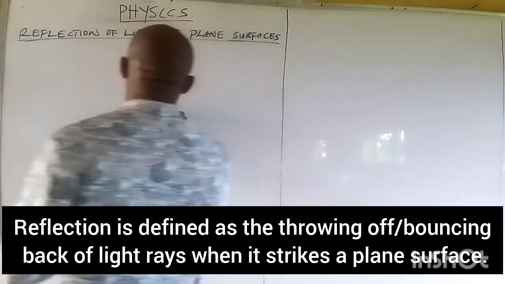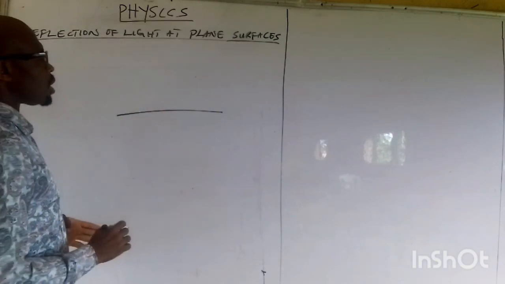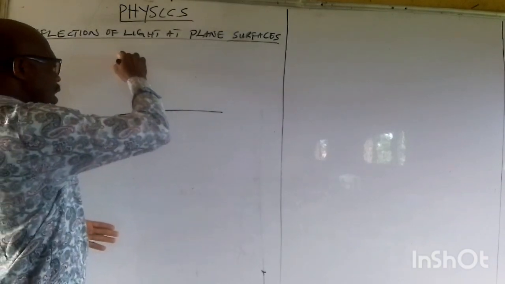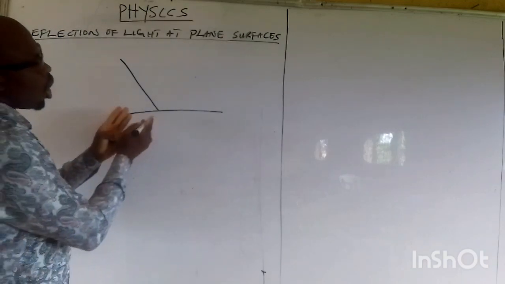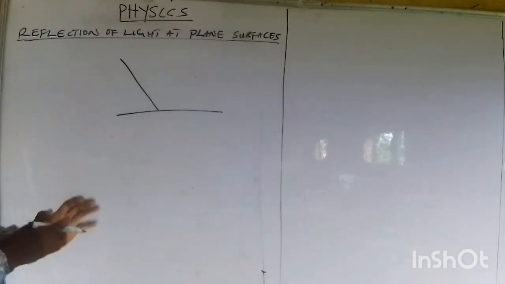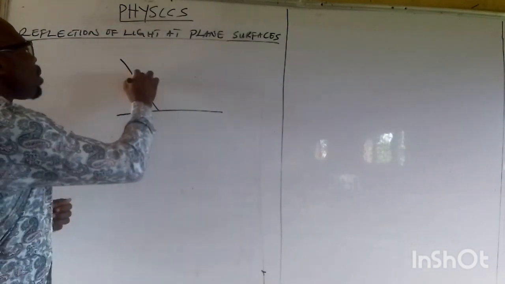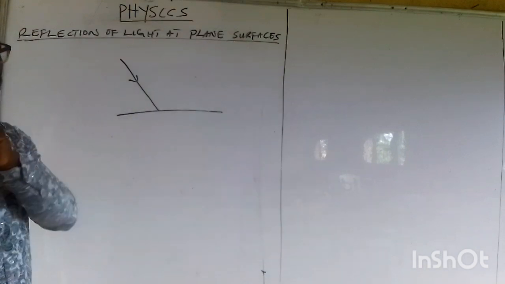For example, if this is a plane surface and light hits it, part of the light, three things will happen. Some portion of this light will pass through, number one.